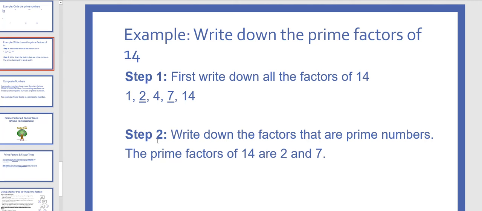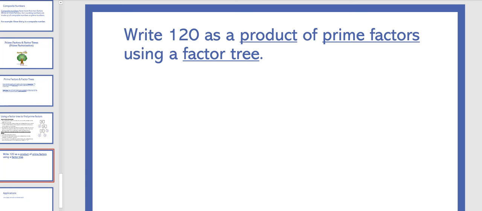And our next step is, okay, write down the factors that are prime numbers. Well, out of these numbers, I know 1 is not a prime number. 2 is a prime number. 4 isn't. And 7 is a prime number. So the prime factors of 14 are 2 and 7. So that's what we mean by prime factors. Factors that are prime numbers.